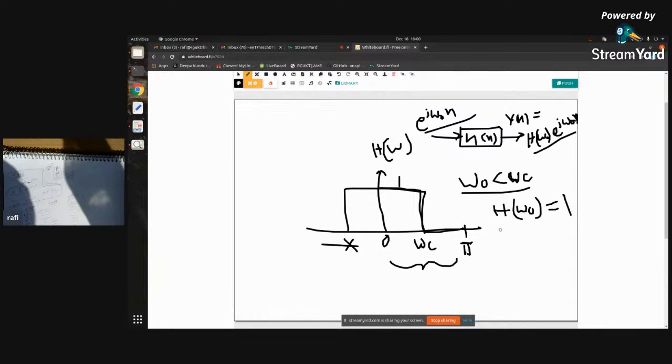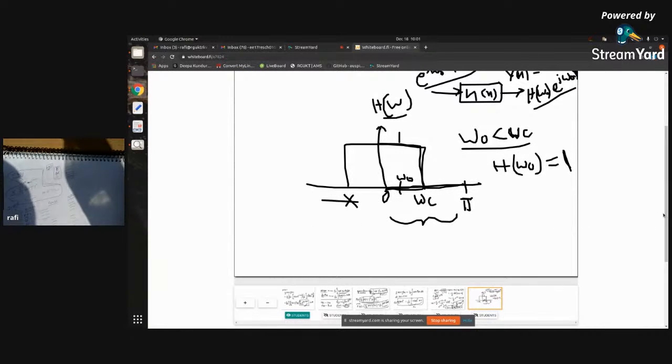It is 1 when omega naught is less than omega c. That means whatever value you take between 0 to omega c, for some omega naught here, the value of h of omega is 1.